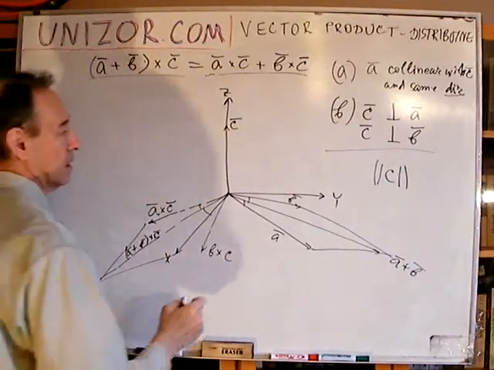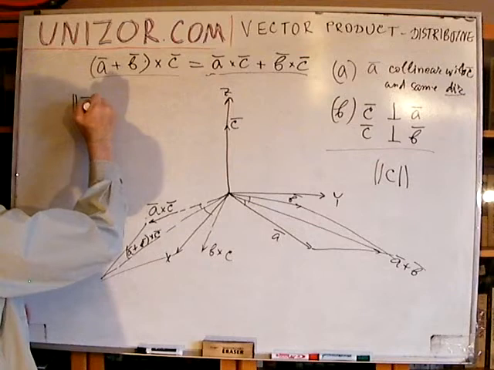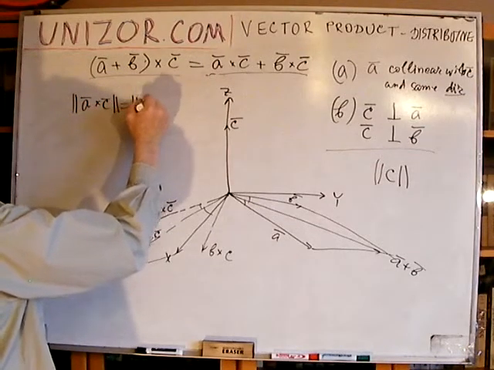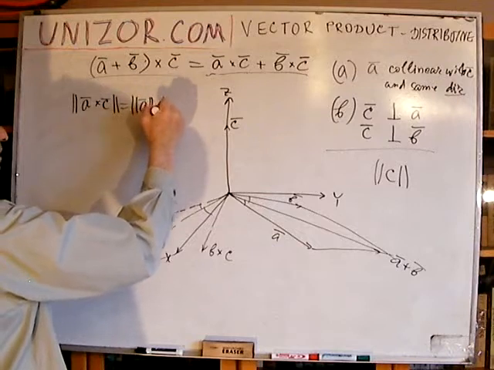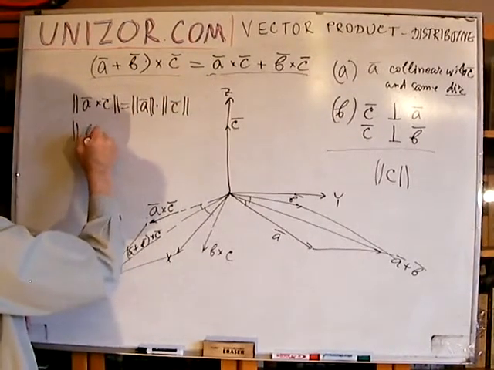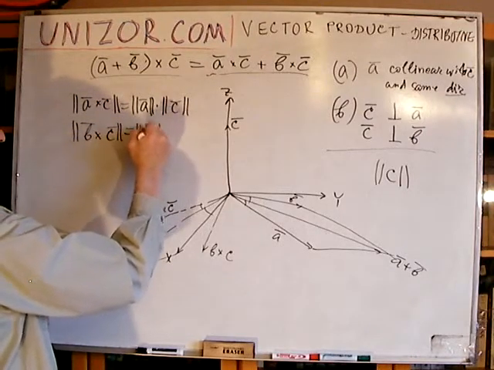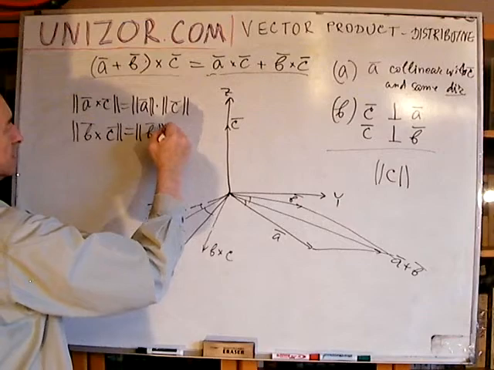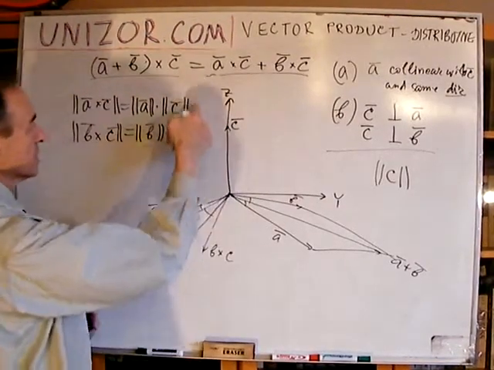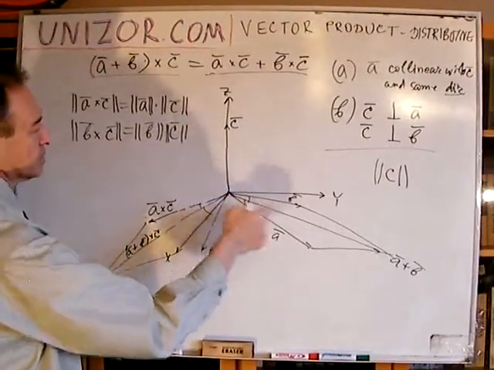Right? Because again, the length of A times C is equal to the product of lengths of A and C. The length of B times C is the product of lengths of B and C. Again, because the sine between them is equal to 1. It's 90 degrees. They're all perpendicular to each other.